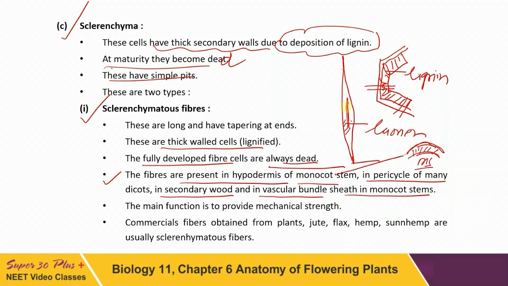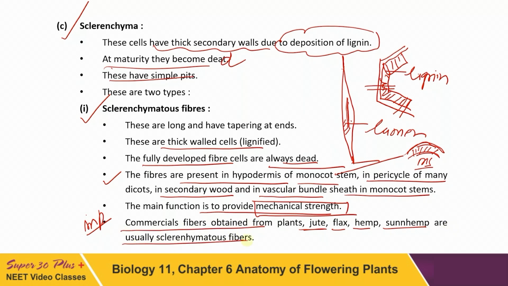Main function, because the cell wall is very thick, you can recall, is to provide mechanical strength, because the cell wall is very thick and lignified. Commercial fibers are very important. Commercial fibers obtained from plants like jute, flax, hemp and sun hemp are usually sclerenchyma fibers.